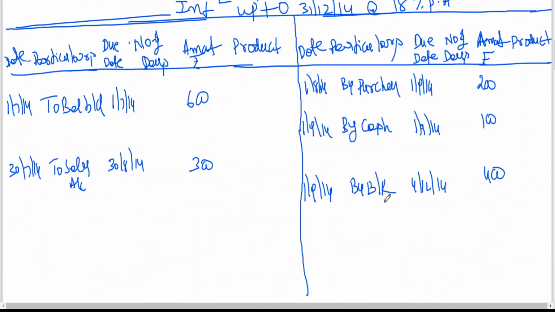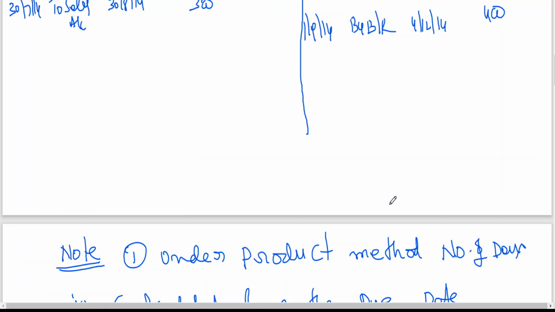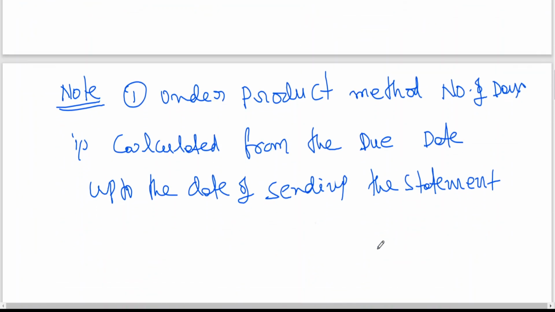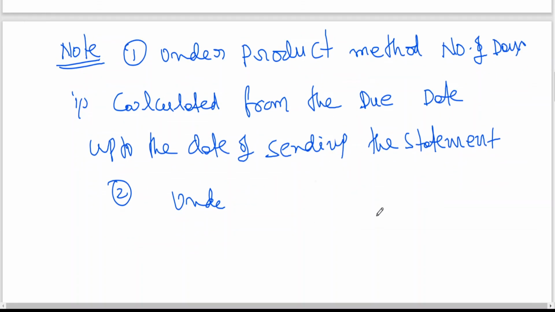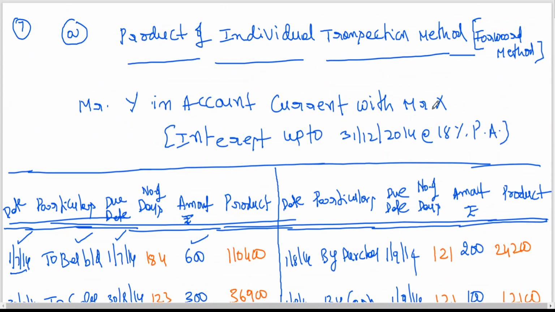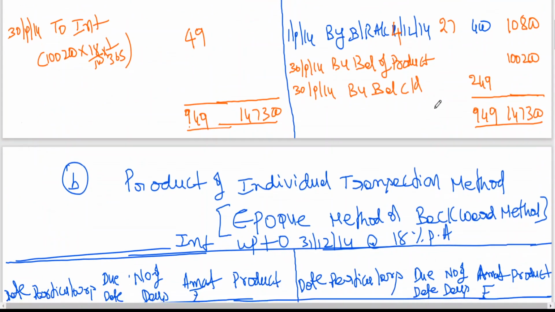Okay, now point number 2. Under product method, I told you the heading: transaction method, forward method.